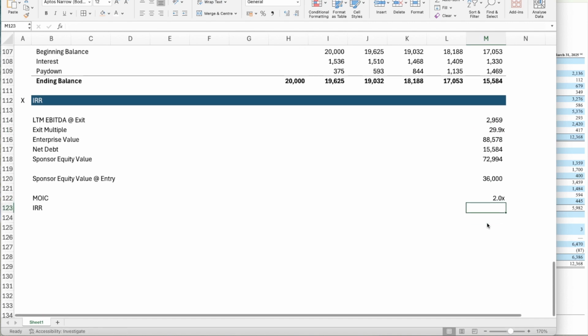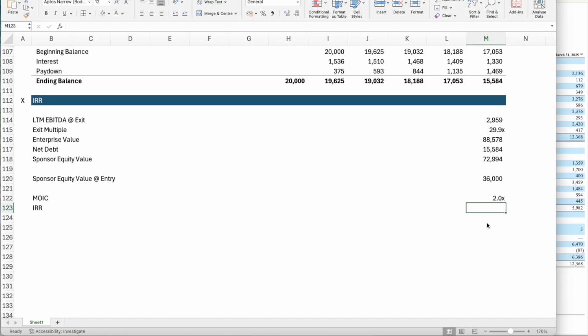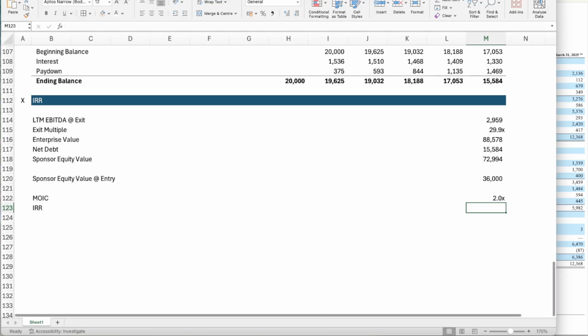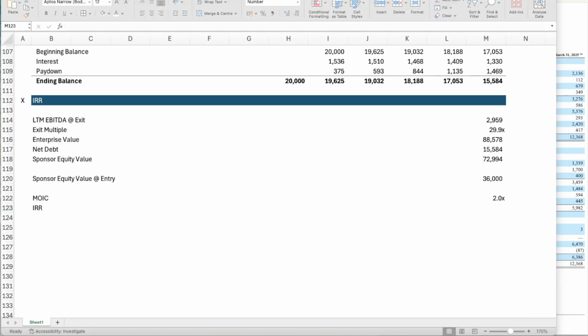Then the IRR, the way we do that is very simple. Because we know it's been 5 years, we take the multiple on invested capital to the power 1 divided by 5, minus 1.